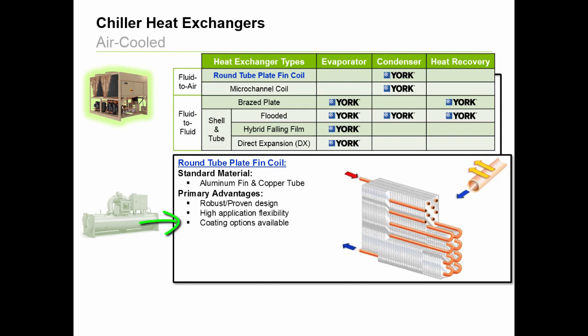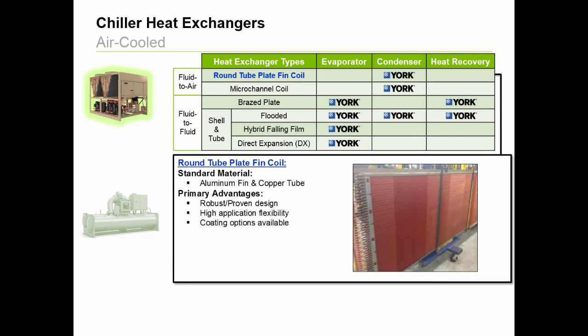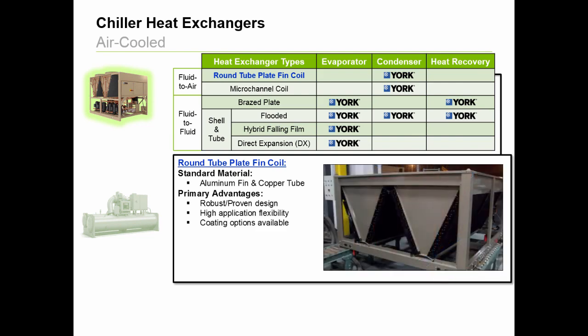Lastly, there are several coil coating and material options available to support local application needs, such as copper fin copper coils and electrostatic epoxy coating, which I'll discuss in more detail shortly. These options are commonly utilized in coastal or harsh industrial environments, where the standard copper aluminum coil would have a higher susceptibility to galvanic corrosion due to their dissimilar metal bond.